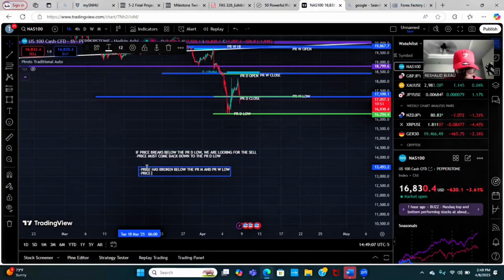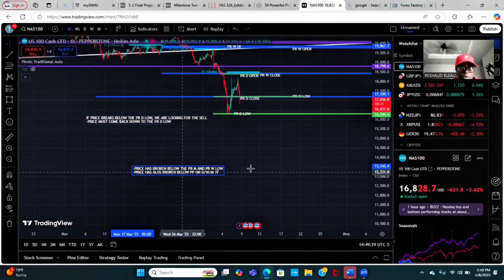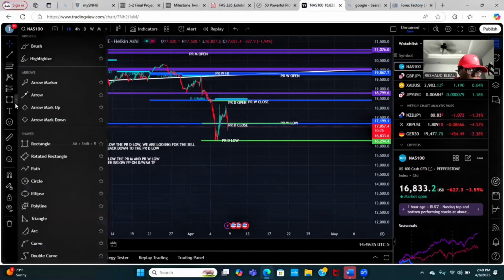Price has also broken below pivot points on the daily, weekly, monthly time frame. So this is what we're going to expect. A price break below the previous low, then we're going to look for a sell.